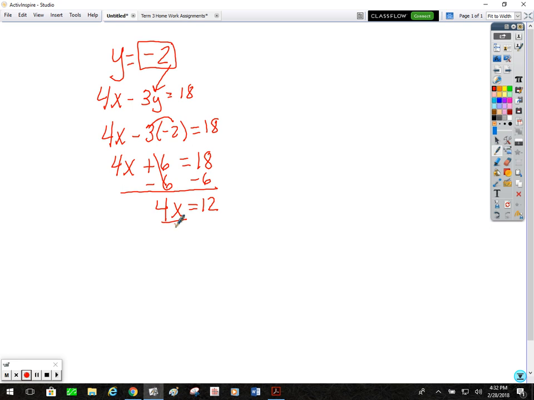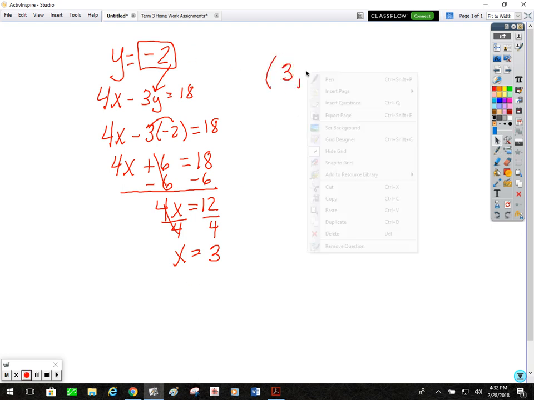Now let's do our dividing. Remember the three verbs. So if I cross this out, I have x is equal to 3. For my solution, I know the 3 is part of the solution. It already gave me the y, so the y is -2. My solution for this system is (3, -2).